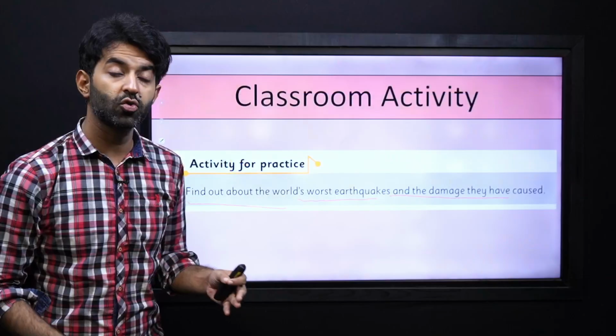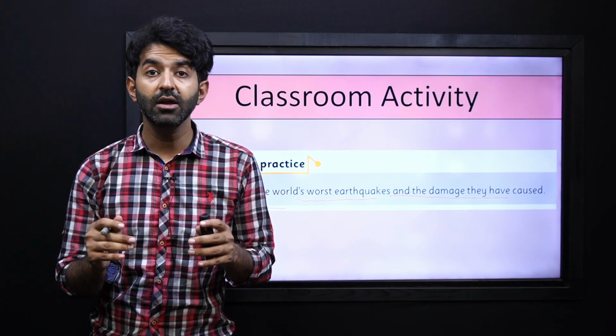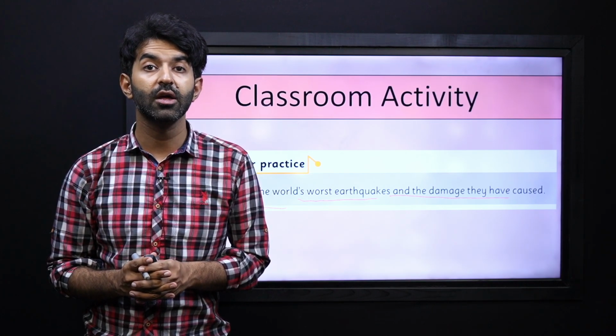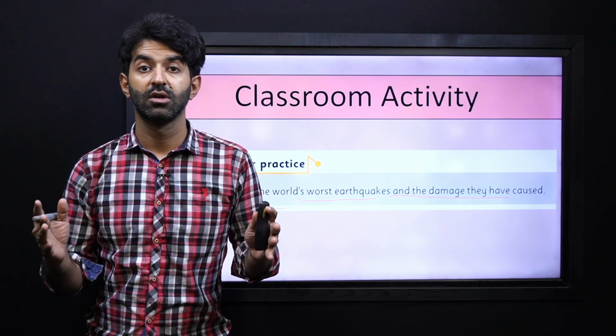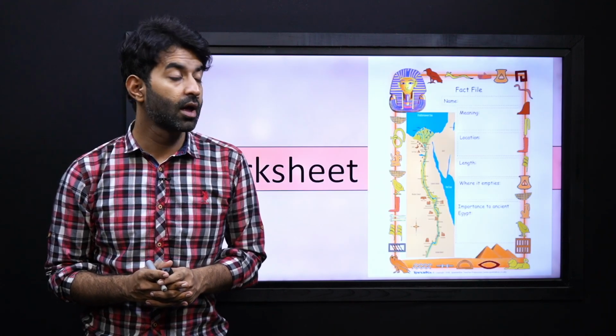Yes, after you have read the fact sheet of earthquake, you're going to look for different earthquakes that happened in the world and which one is the most dangerous till now and caused greater damage. You're going to find out about it.